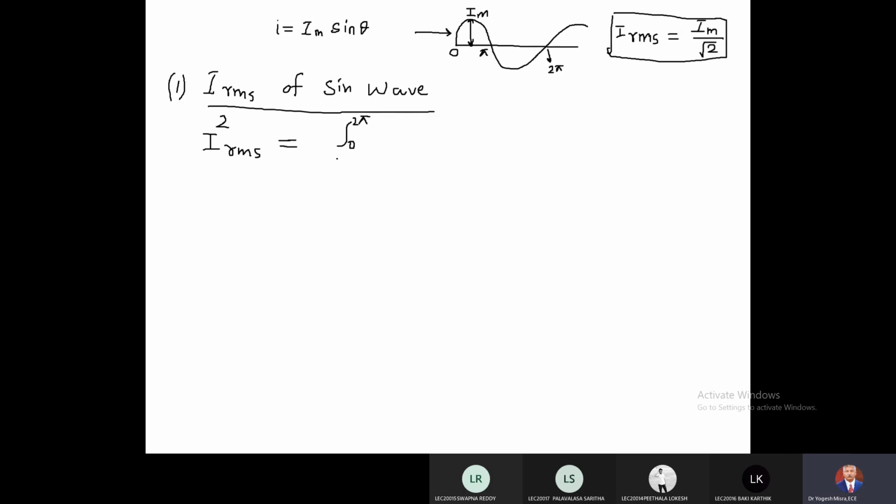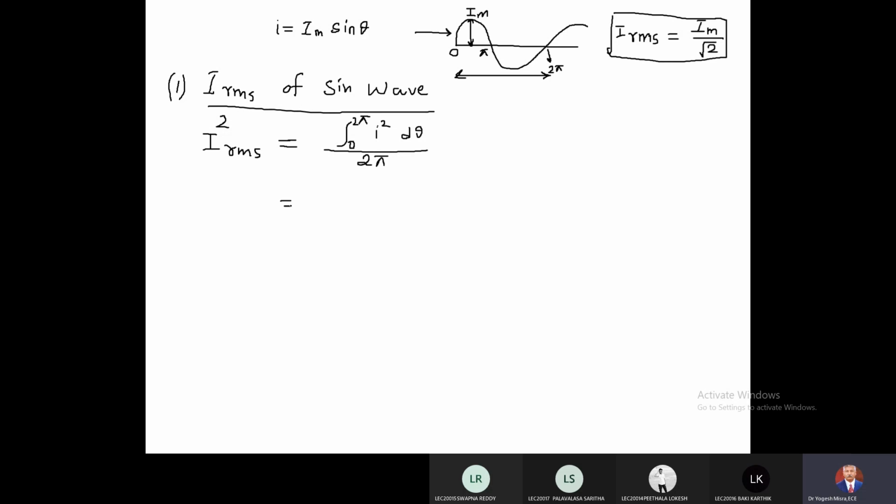So we will integrate i square d theta divided by the total length of this wave, which is 2 pi. With this we can calculate the value of I square RMS, right?